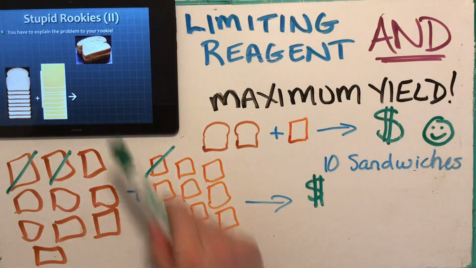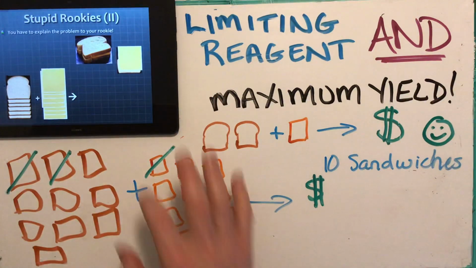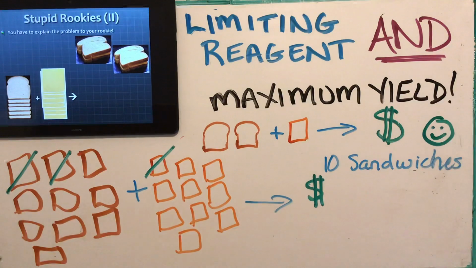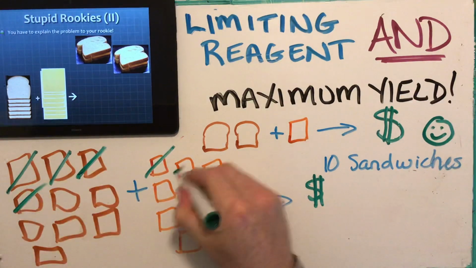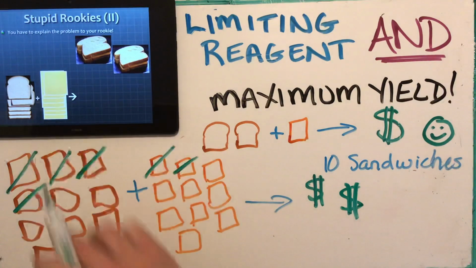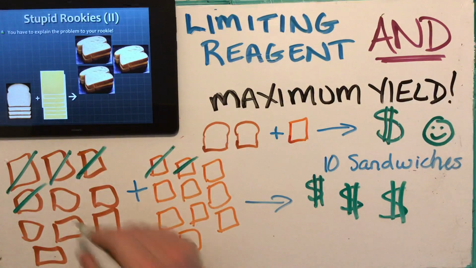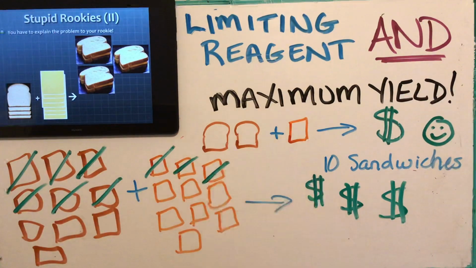Made a sandwich right there. You go to make a second sandwich, 2 bread, 1 cheese, boom, sandwich. 2 bread, 1 cheese. Another sandwich. We've got 2 sandwiches now, just like on the screen over here. That third sandwich gets made. 2 more bread, 1 more cheese.